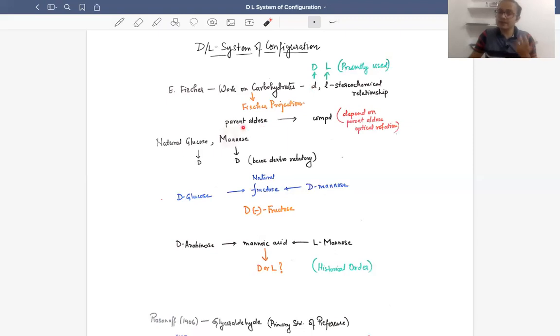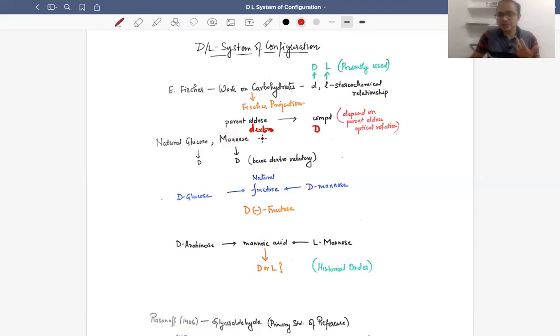If your parent aldose is dextrorotatory, okay, then if you are making a compound from a dextrorotatory aldose, that compound would be assigned as belonging to the D family. So if you are starting with a dextrorotatory aldose, then the compound that you're getting from it would be coming under the D family.